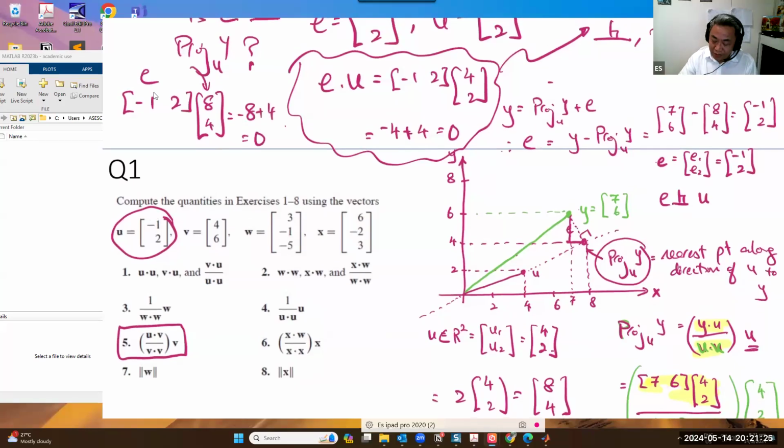So actually, you realize that e is orthogonal to any vector along u. Whether u is pointing this way up or this way down, it doesn't matter. What is minus 8? Shouldn't it be e? 8, 4. Correct, 8, 4.